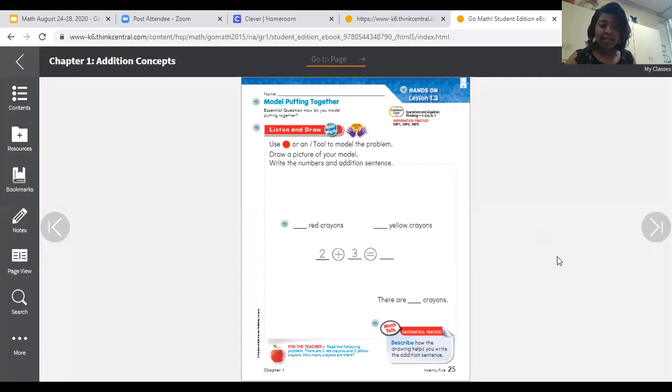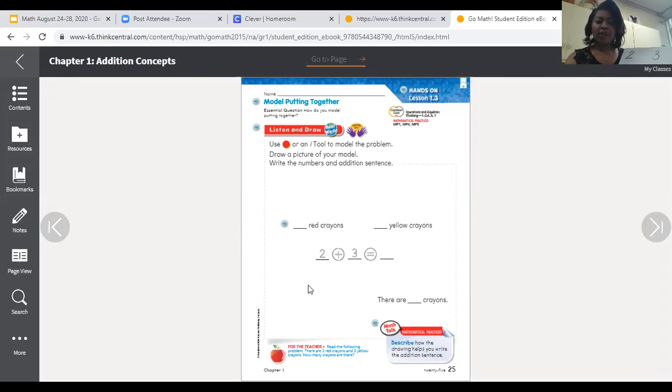How many crayons are there? How many red crayons did I say? There are 2. And there are 3 yellow crayons, so we're going to fill in the number 3.